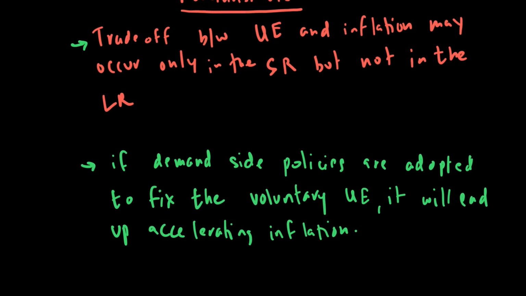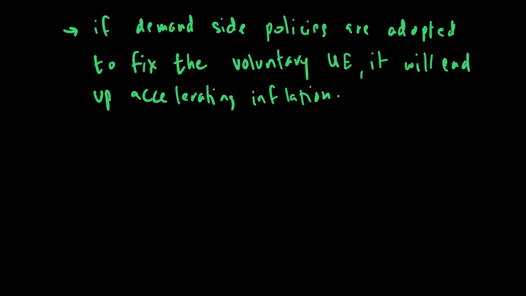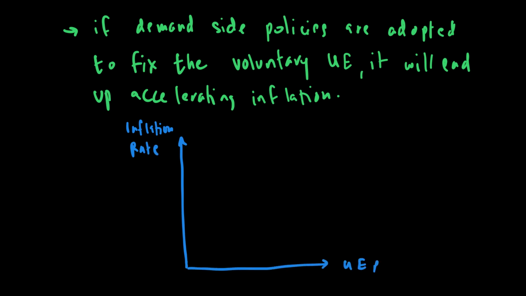But before I talk about that, I want to show you the long run Phillips curve of the monetarists. The monetarists feel that LR long run Phillips curve or LRPC has this shape. So I'm going to write inflation rate here and unemployment rate here. And according to them, the long run Phillips curve is completely vertical like this.